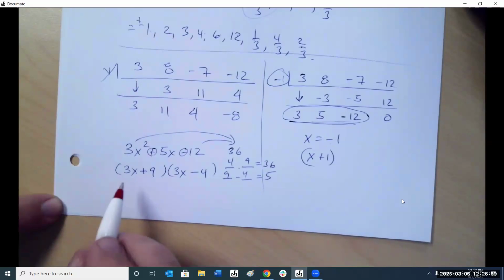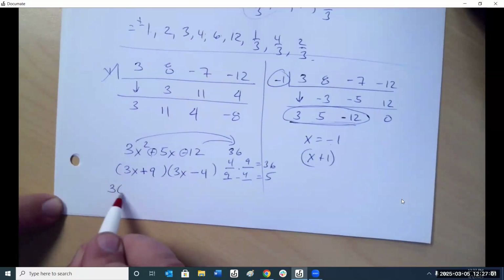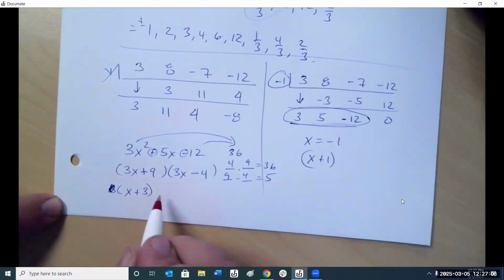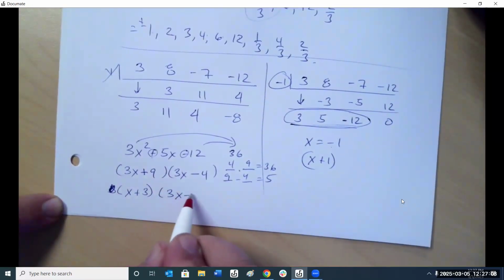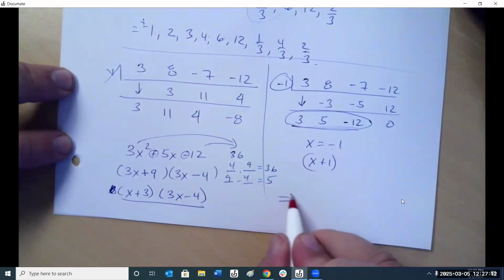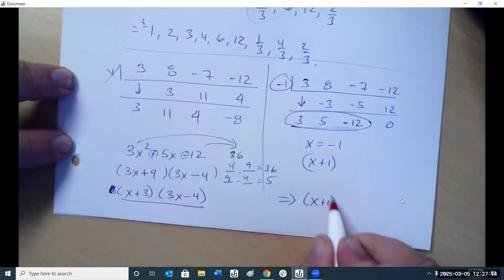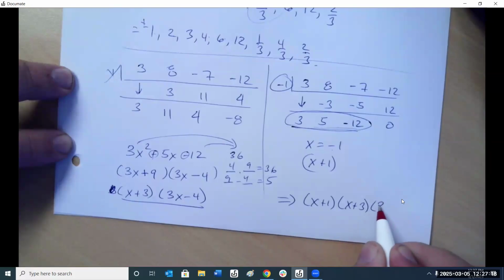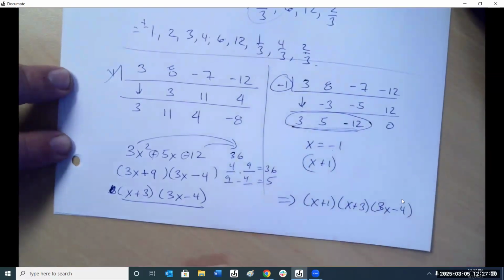Can we factor anything out of the first? It leaves us x plus 3. So these are our last factors. Our factors are x plus 1, x plus 3, 3x minus 4.